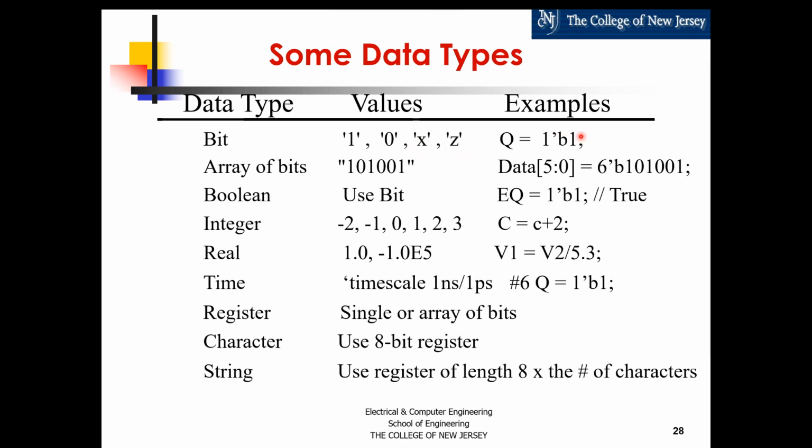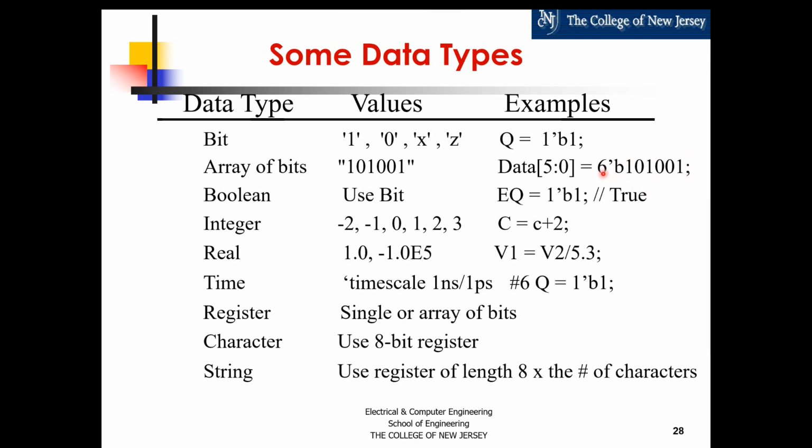So for bits, we have things like we have seen before, 1, binary 1. How about more than 1 bit, like a 6-bit value? Well, we have 6, that's the width, binary, 101001, right? So this number happens to be 41.